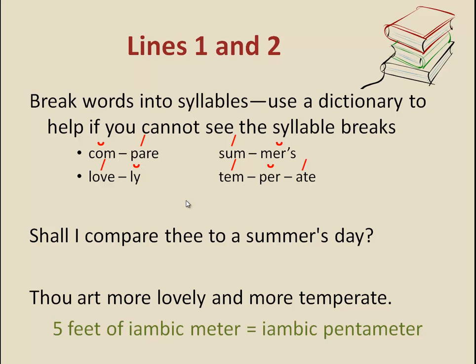So if we put those marks in there, we can also kind of see, shall I compare thee to a summer's day? Normally I go, honestly, you're going to emphasize that word when you say it. I wouldn't normally. It doesn't seem natural necessarily. But not everything's going to work out perfectly the way that we think it should be.